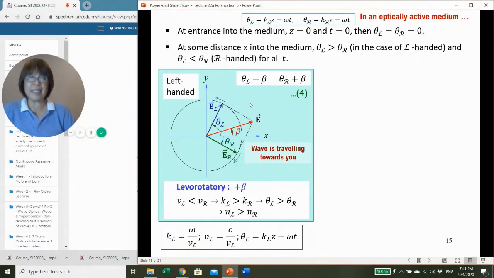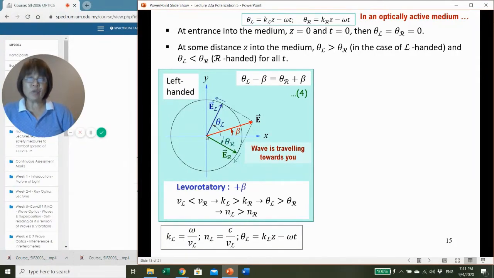For the left-handed rotation, this is how we consider it. At t equals 0, both EL and ER are lying along X. As they enter the material, at time t later at position Z, theta L would have rotated anti-clockwise by this amount, and theta R rotated clockwise by this amount.